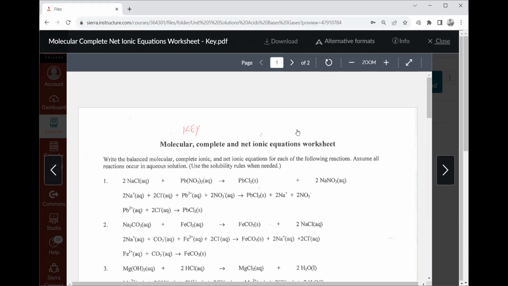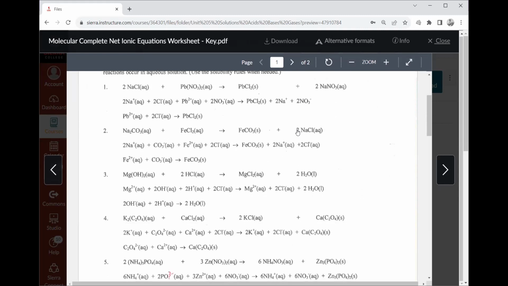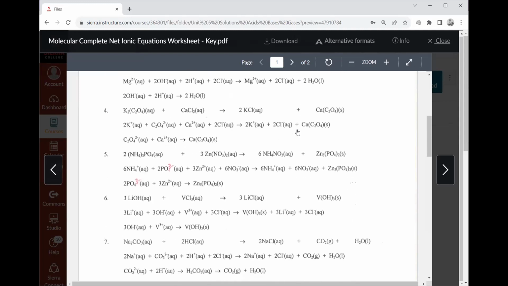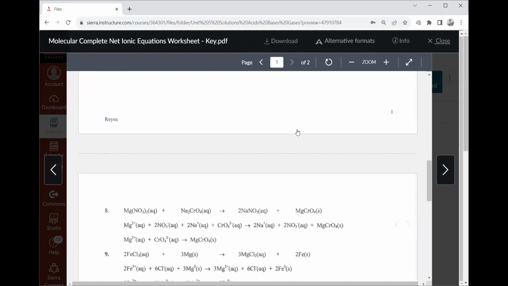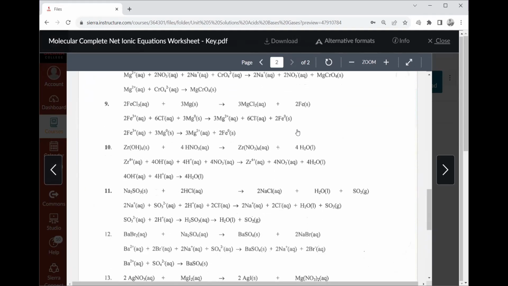So it says molecular, when it says complete, it's total ionic, TIE, and then net ionic. This is a double replacement reaction worksheet. It starts off in the beginning by filling in quite a bit, and then towards the end, you have to fill it all in yourself.